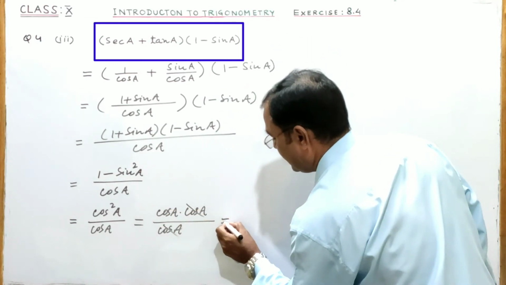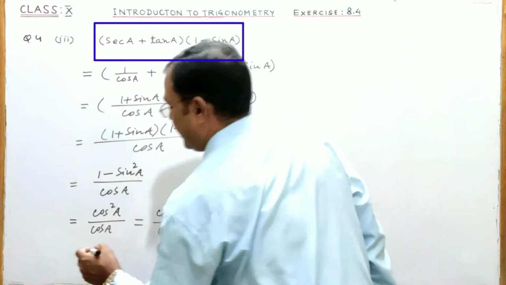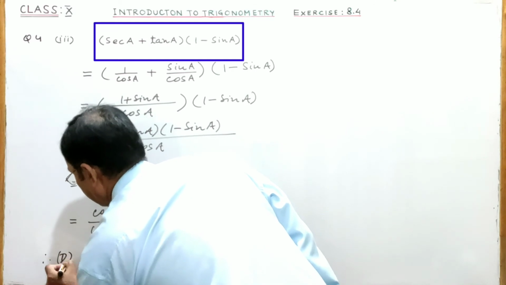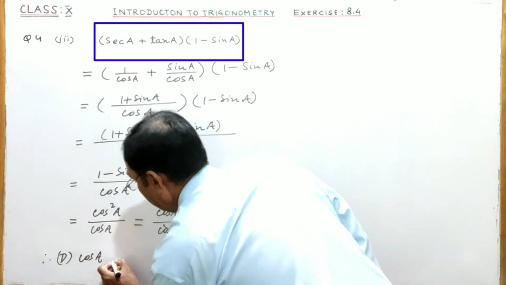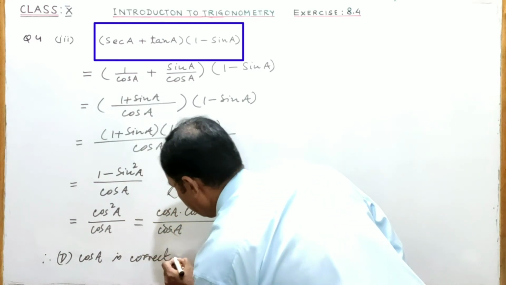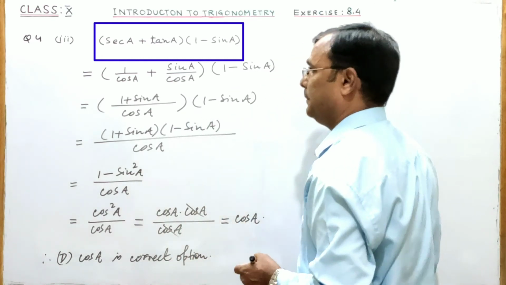So finally we have got cos A. Therefore D, cos A is correct option for this question.